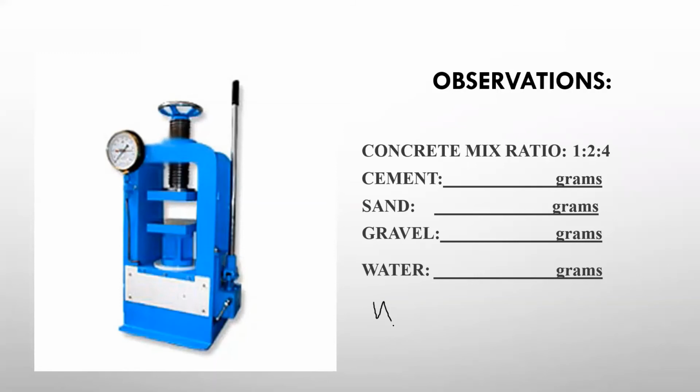So for the water cement ratio, how can you calculate it? Water cement is equal to how much percentage you have to calculate. We have done this calculation before as well, for practical number 1 and 2, for the water cement ratio. You must remember how you calculated the amount of water to add.